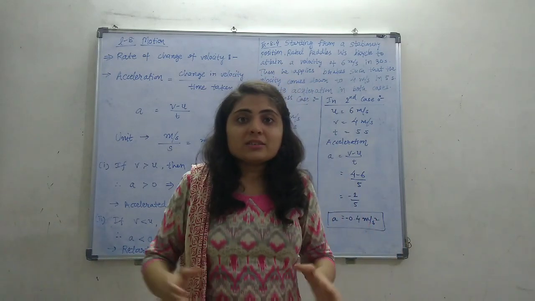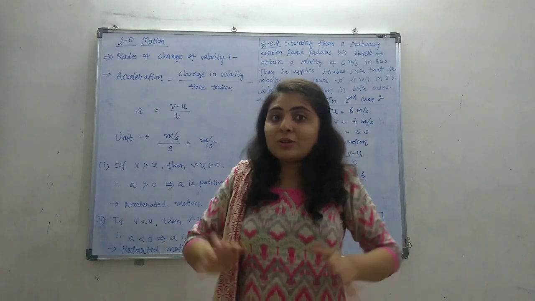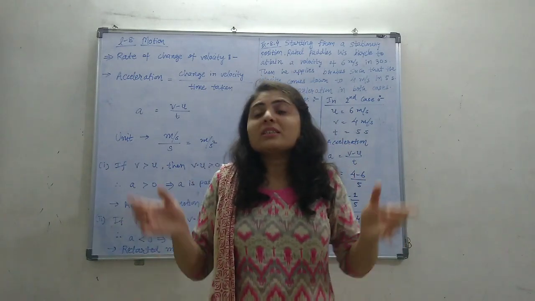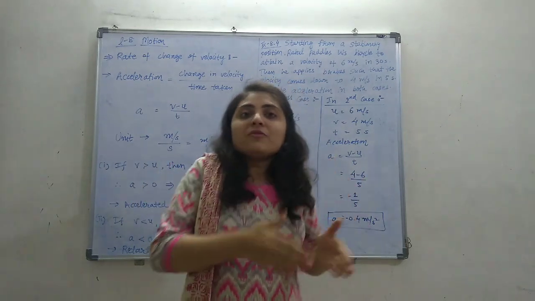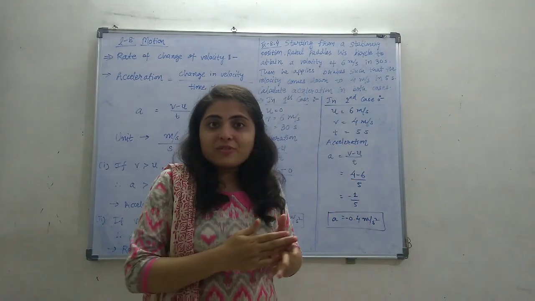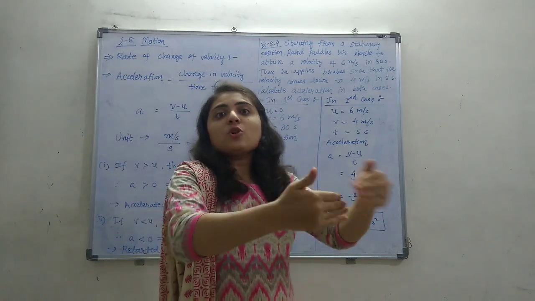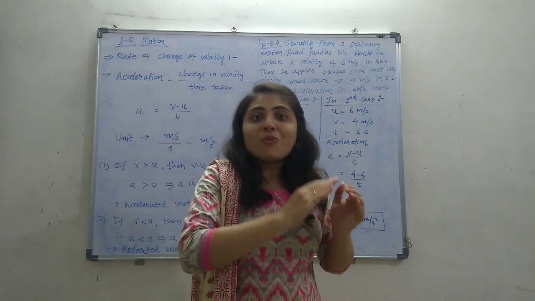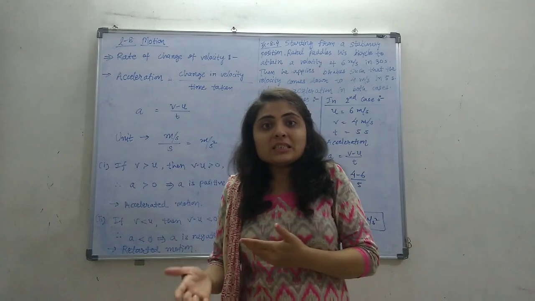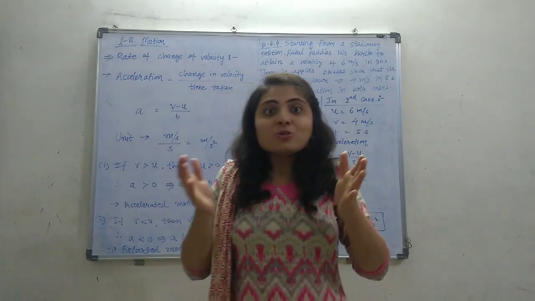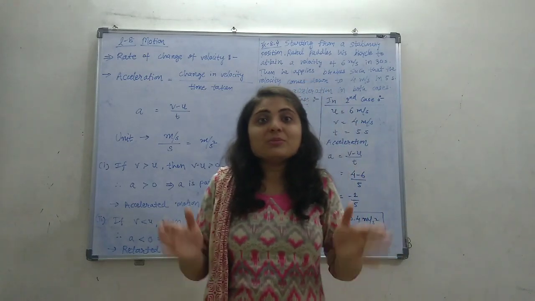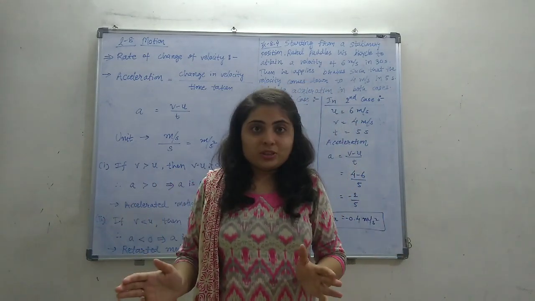So in both cases, the vehicle stops and the velocity becomes zero, but the time interval is different. In the first case, when you are seeing the friend, your change of velocity is very slow. And in the other case, you are changing the velocity very fast. So that defines another term, rate of change of velocity.